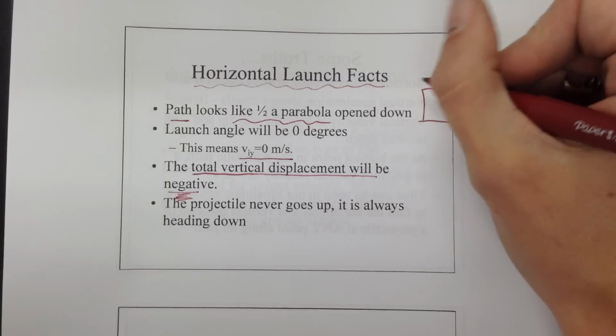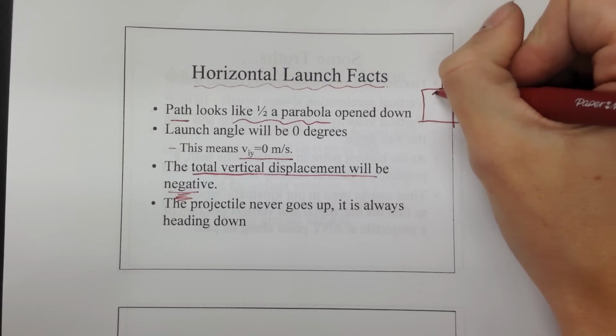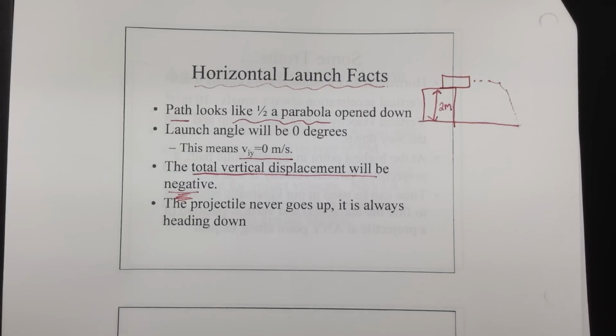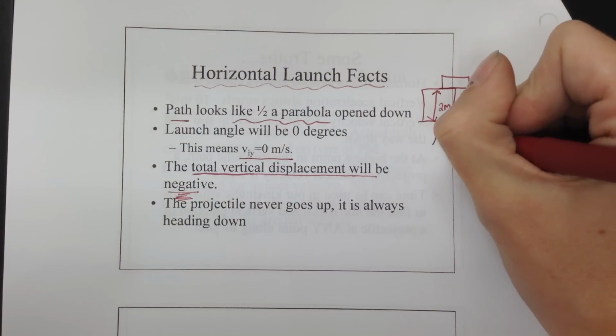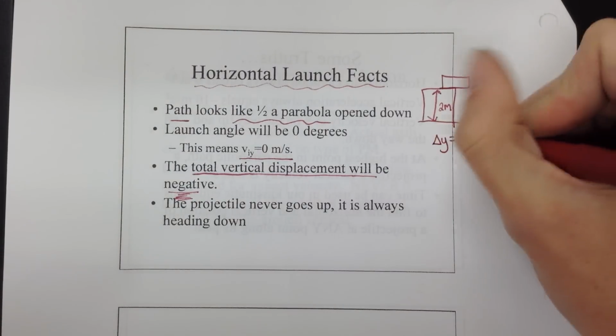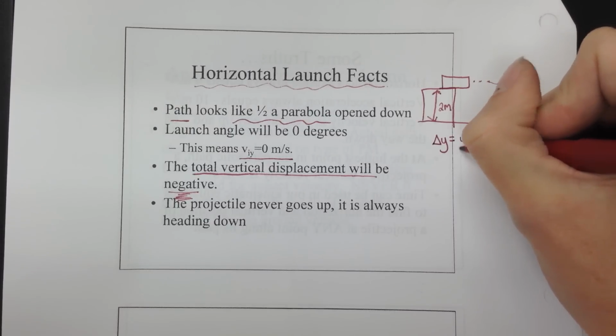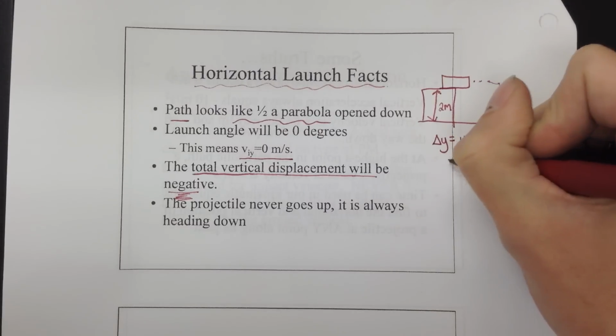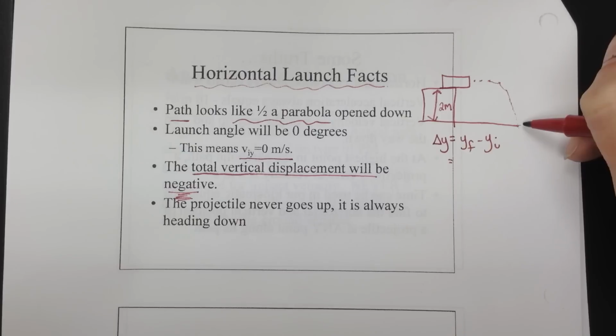Let me prove that to you. Let's say this launcher is 2 meters high. If you think about your displacement equation, displacement vertically is final minus initial. And the final is going to be when the object hits the ground.